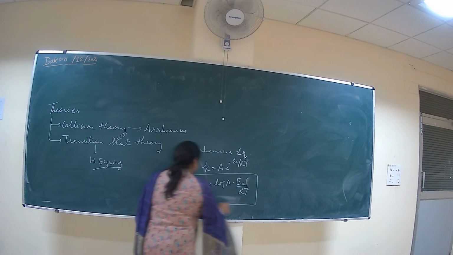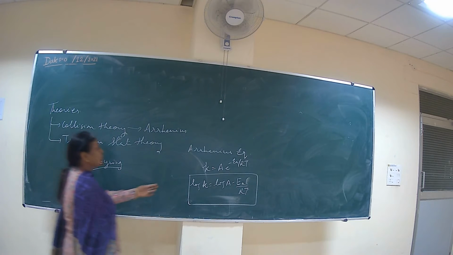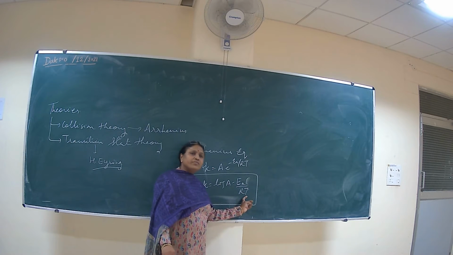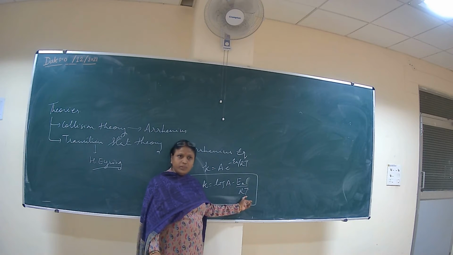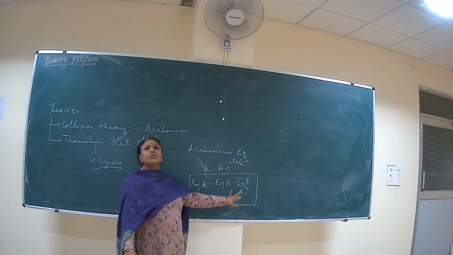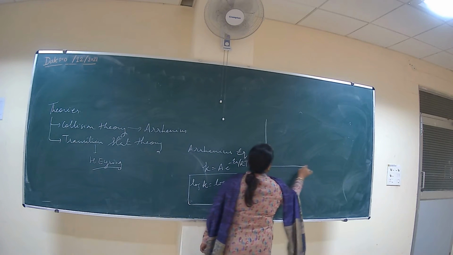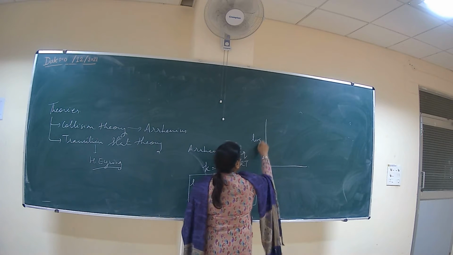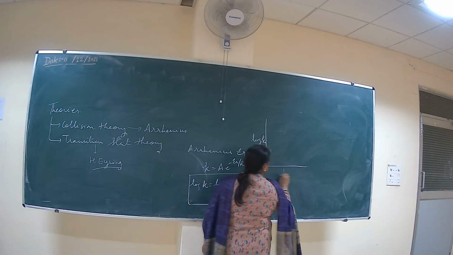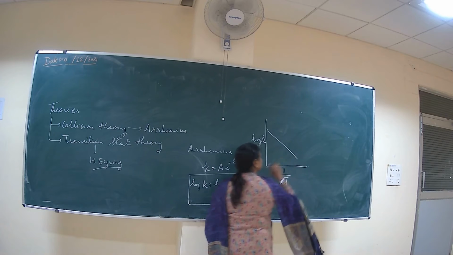And using this equation, if we plot a graph between log of K versus 1 upon T, okay, then we are able to find out the activation energy from the slope. So when we plot the graph between log of K versus 1 upon T, we get a linear plot.